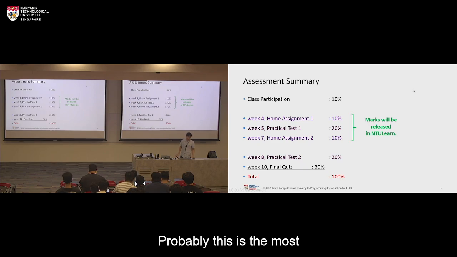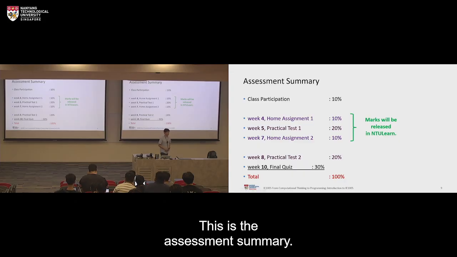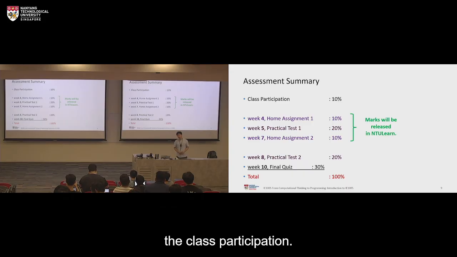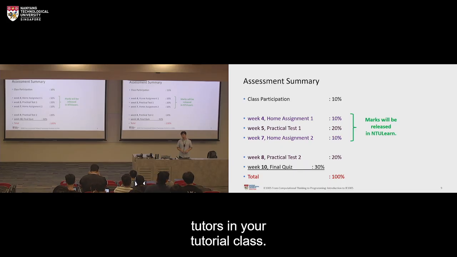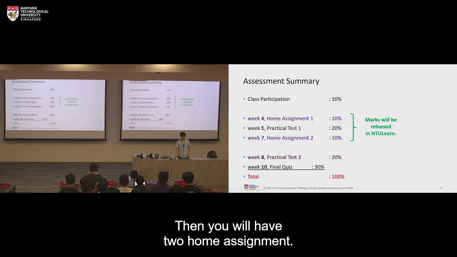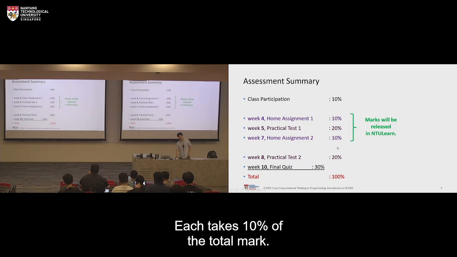All right, so probably this is the most important slide for you. This is the assessment summary. The first component is class participation, which will be assessed by tutors in your tutorial class. It takes 10% of the total mark. Then you will have 2 home assignments, each taking 10%.